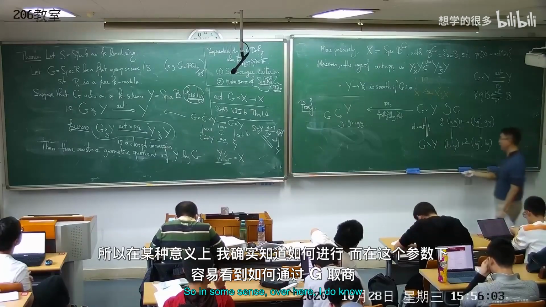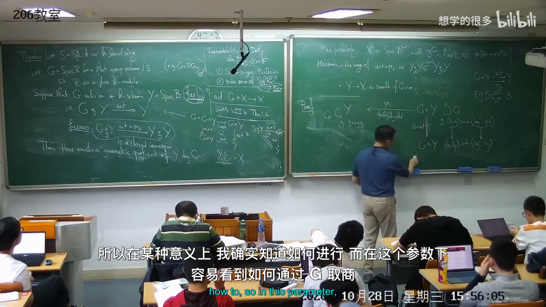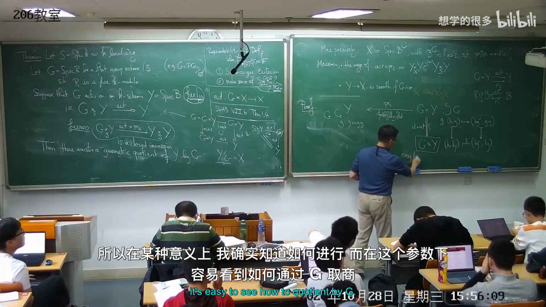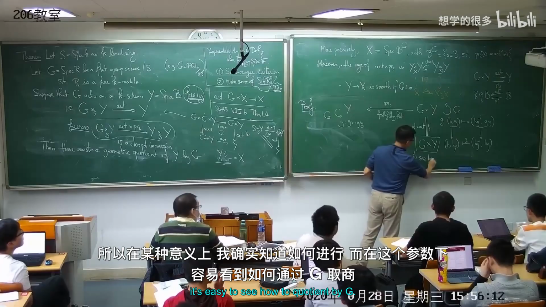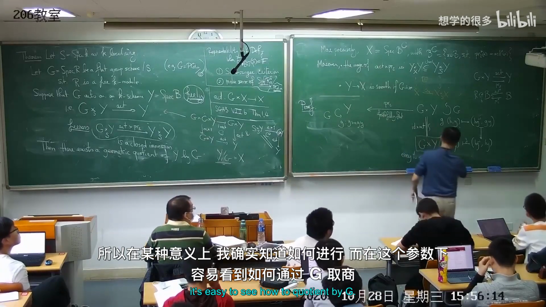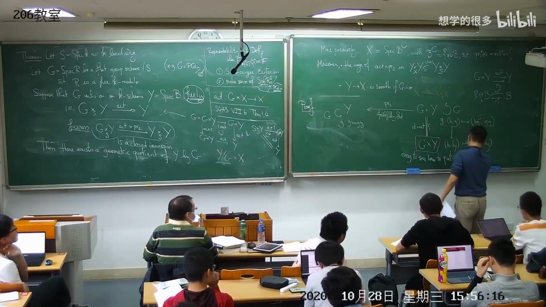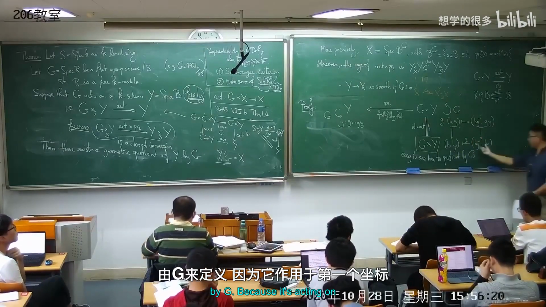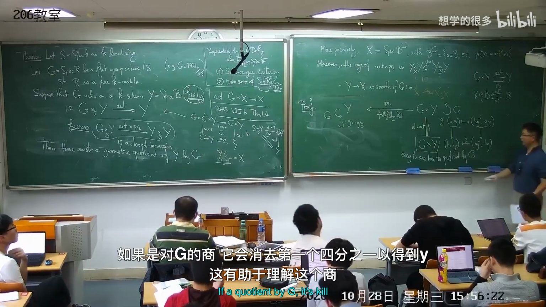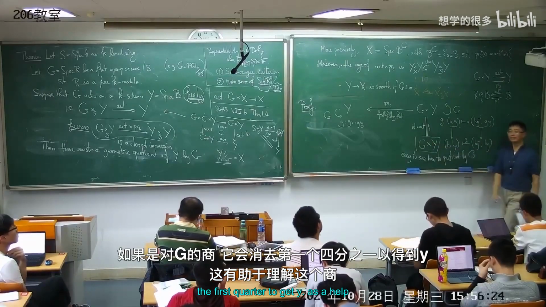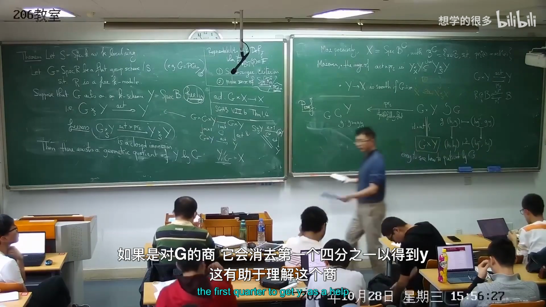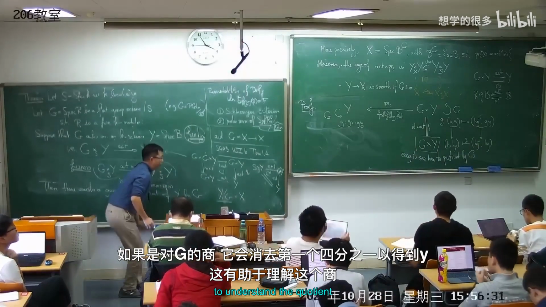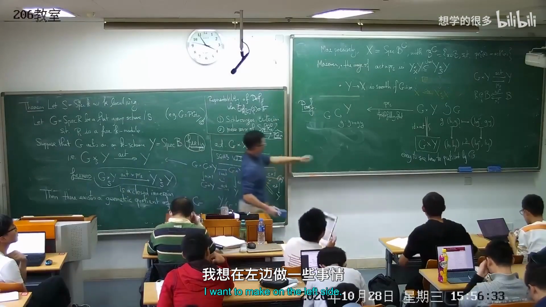So in this parameterization, it's easy to see how to quotient by G. Because it's just acting on the first coordinate. If I quotient by G, it kills the first coordinate, I get Y. So I'm going to use this to help understand the quotient I want to make on the left-hand side.